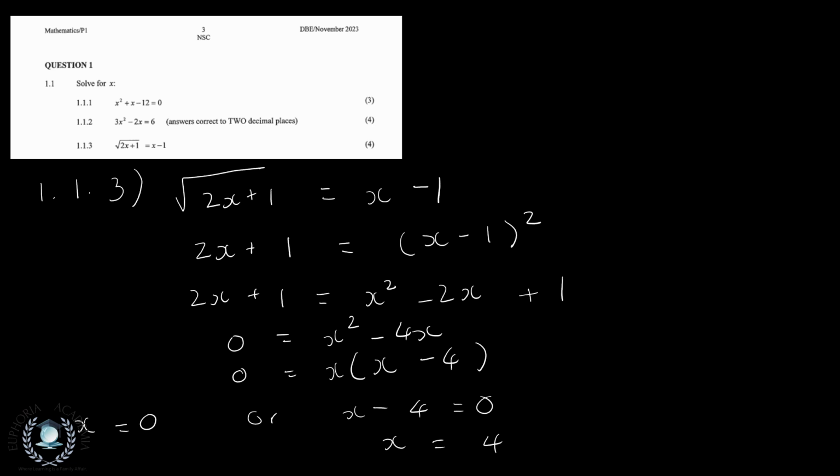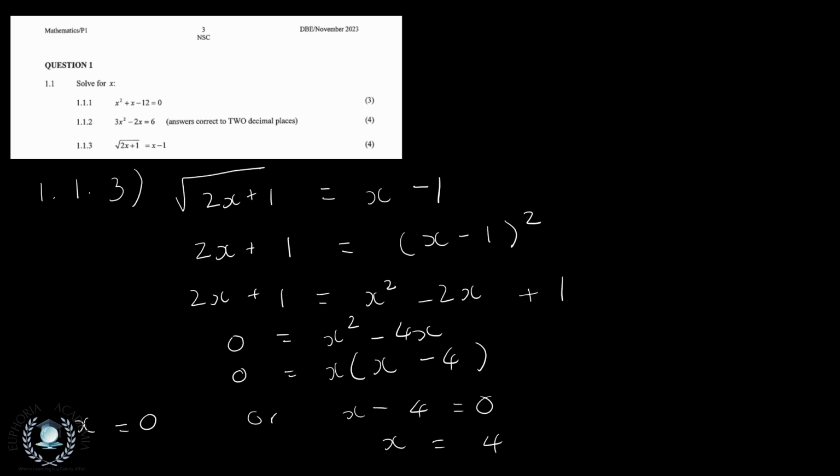Now let's check if truly x is equal to 0. So if you substitute 0 into the top part, we're going to find that 2 times 0 is 0, and then we're going to be left with 1, and the square root of 1 is 1, so the square root makes sense.